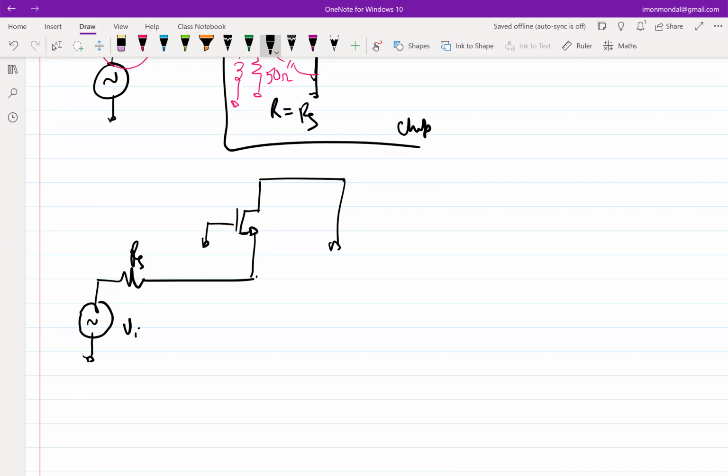I mean, you can obviously design one because the noise match is not the same as power match. But in principle, you don't need an explicit matching network because as long as the input impedance here is equal to RS, you are good. What is that? It is approximately equal to 1 over GM. And if you want to include GDS, basically it's 1 over GM plus GDS, right? So as long as you ensure that 1 over GM is exactly equal to RS, you are good, right? But what about the noise?